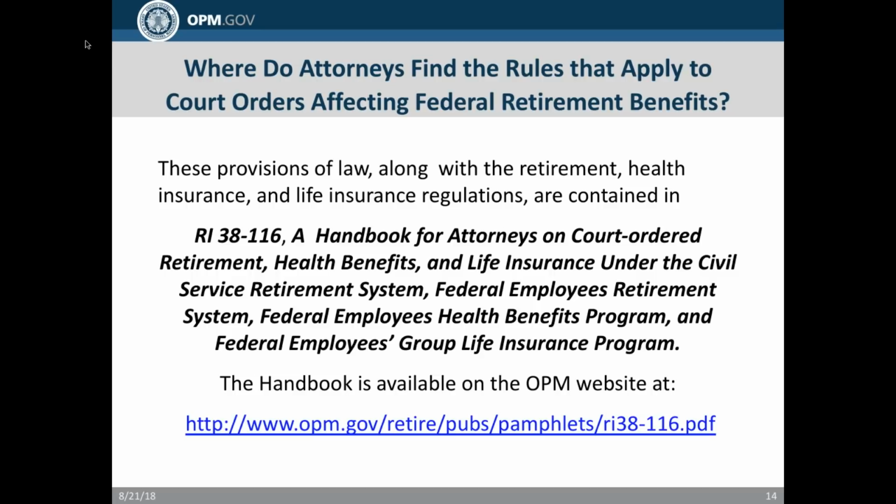It's very user-friendly, and here's a link as well that is online where you can be linked straight to the handbook, and it gives very helpful information as to how to prepare a court order. It gives model paragraphs, but it's still important that the intent of the court order matches exactly what is in the court order. So you really want to make sure that the customer is sure as to what has been awarded.